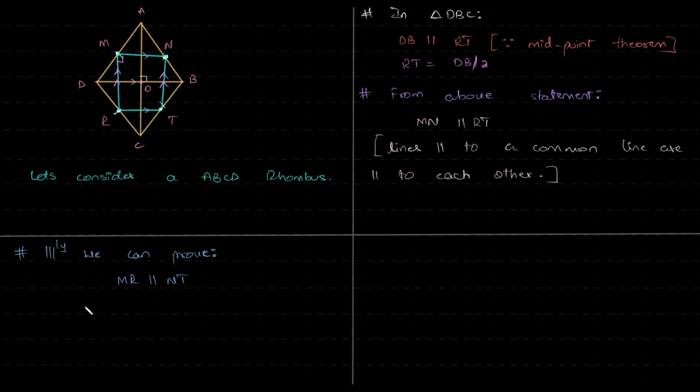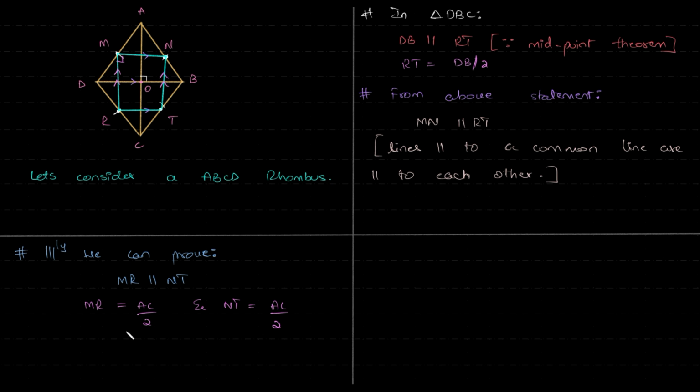And here we can tell MR is, again with the midpoint theorem, half of AC, and we have NT is also half of AC. How is this helpful? That's a clue. You guys have to think about it.